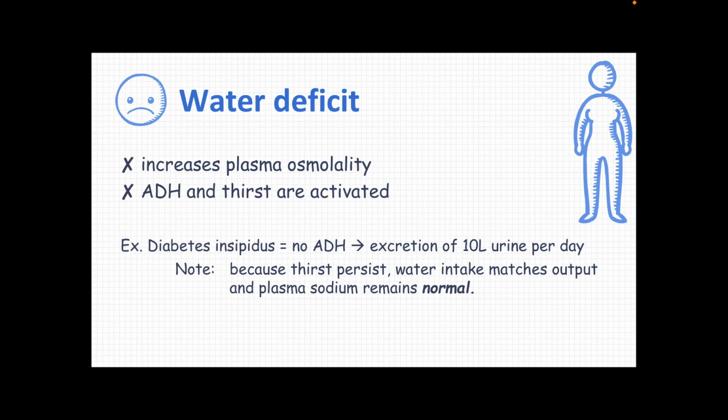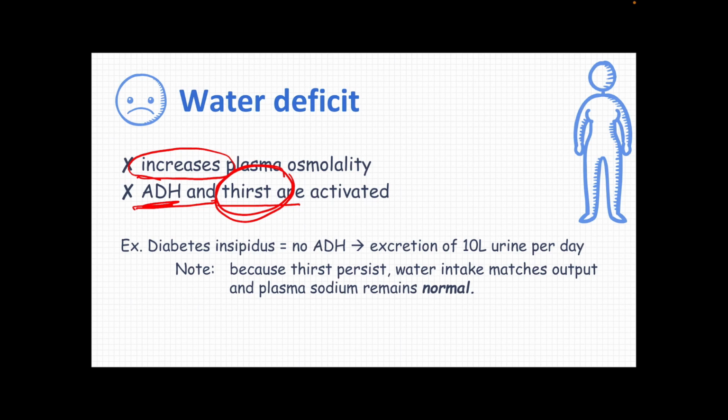Now, what if we have water deficit? This one increases plasma osmolality as opposed to water load. In this case, the ADH and thirst are activated by the hypothalamus. And take note of this one. Although the ADH contributes mainly by minimizing renal water loss, it is the thirst mechanism that is considered the major defense against hyperosmolality and hypernatremia.